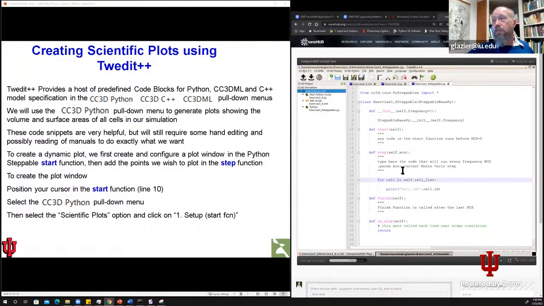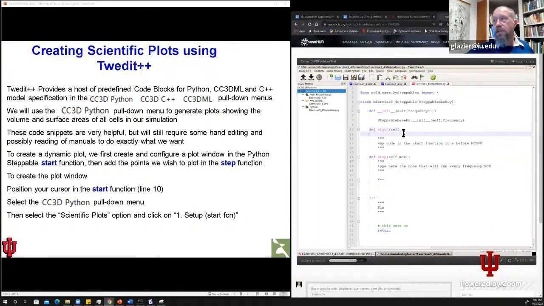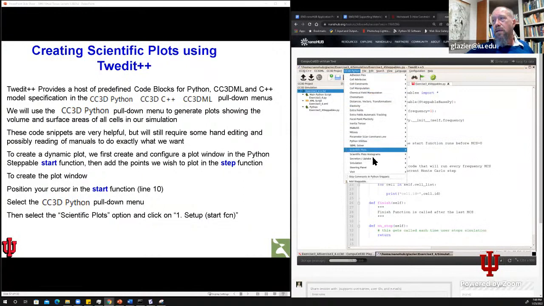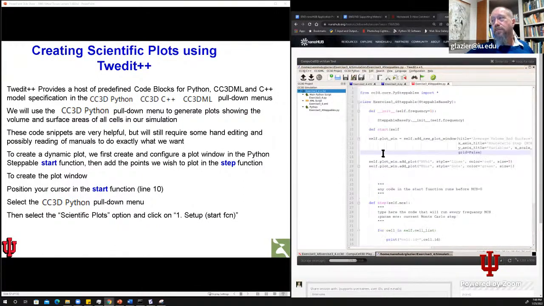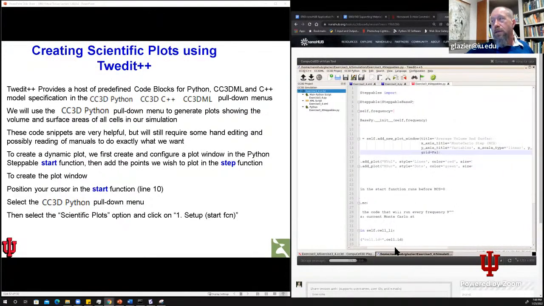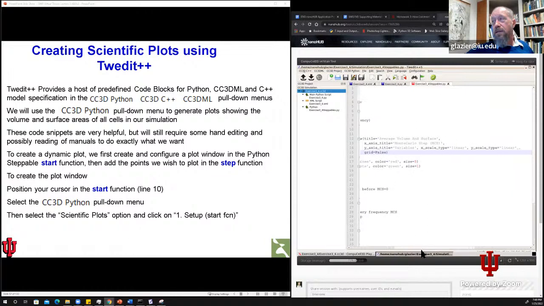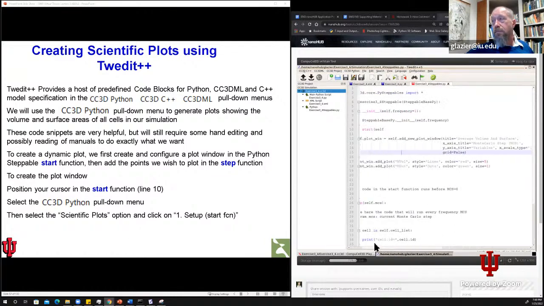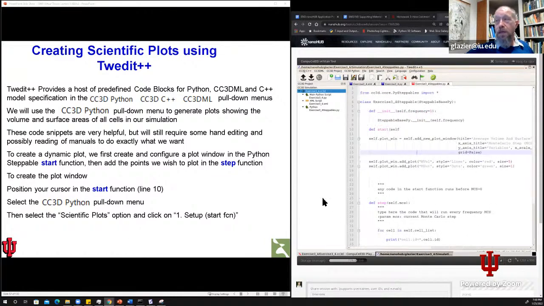And so what I'd like people to do here is go into the start function somewhere. You can create a blank line for yourself to do it. And go to scientific plots and do start. And unfortunately, this is going to show up a little bit truncated because of the screen size.